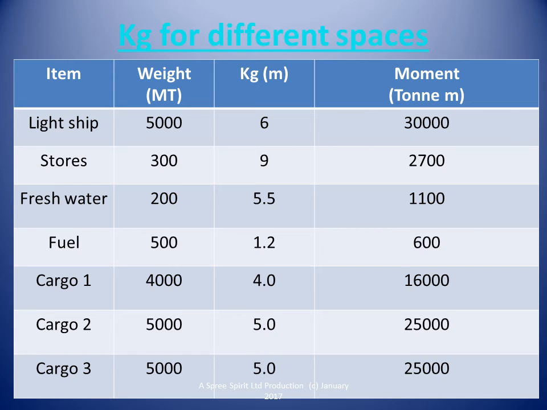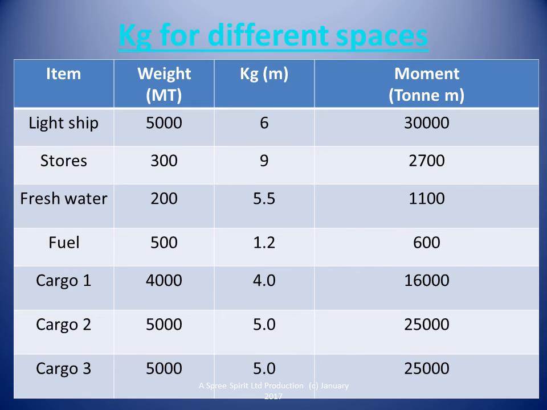Stores equals 300 metric tons multiplied by KG 9.0 meters, giving a moment of 2,700 ton-meters. Freshwater is 200 metric tons multiplied by KG equals 5.5 meters, giving a moment of 1,100 ton-meters. Fuel, 500 metric tons multiplied by KG equals 1.2 meters, giving a moment of 600 ton-meters.